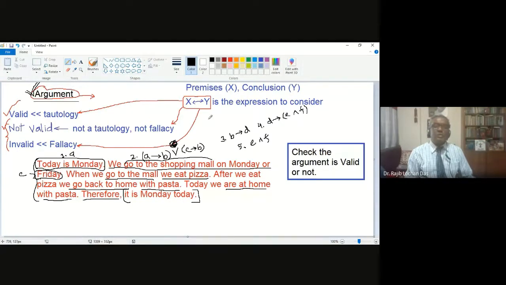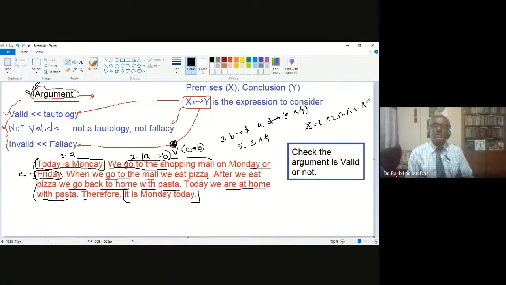So how will X be made? X will be the whole part of the premises, like 1 and 2 and 3, and 4 and 5.